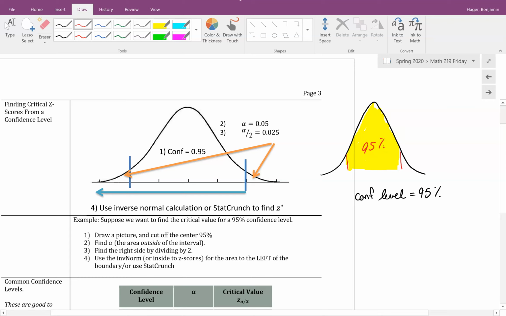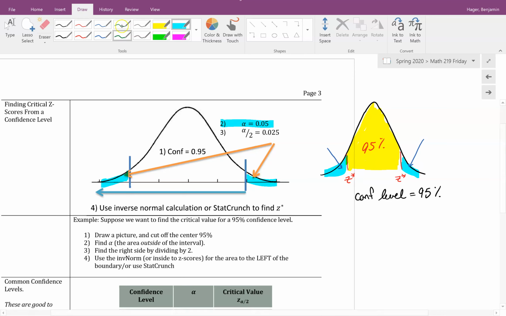My critical z-score is going to be these numbers right here, right? Now, by symmetry, they're going to be the same. Let me just add real quick, if this is 95% here in the middle, then doesn't this leftover and this leftover make up 5%? And that's what they're getting at there, that the leftovers here and here make up 5%.